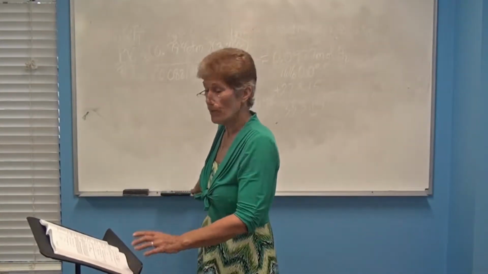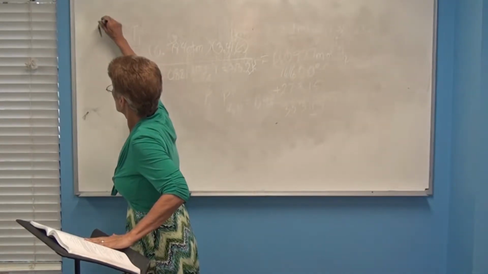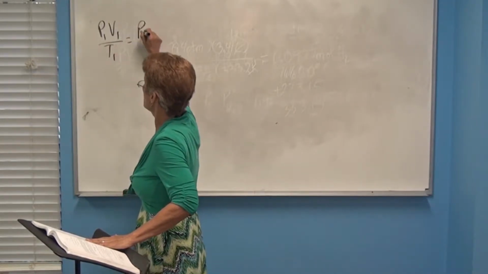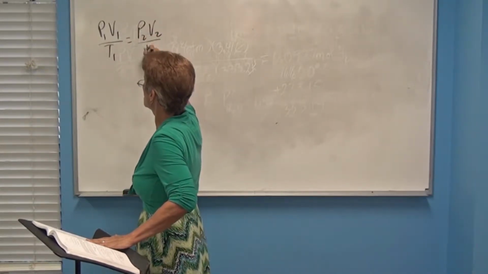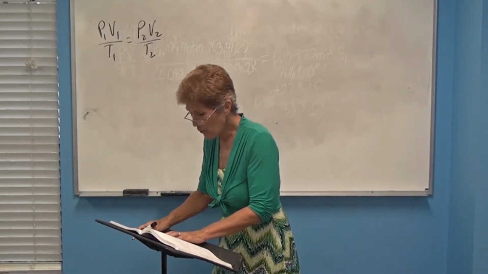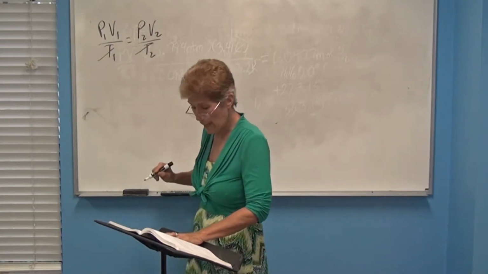Okay, so here we are dealing with P1 V1 over T1 equals P2 V2 over T2, the combined gas law. And in this one, we are told that the temperature doesn't change, so we're not going to look at that.